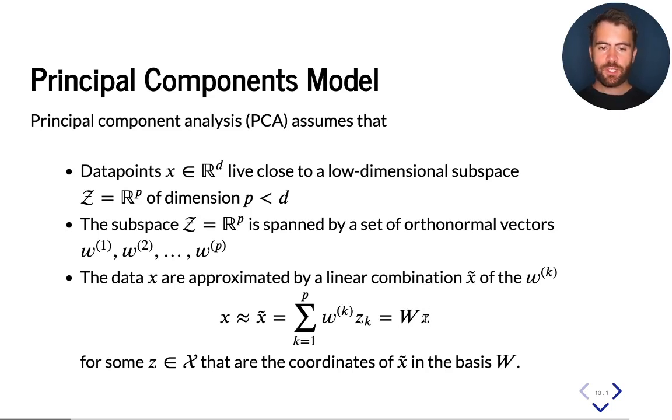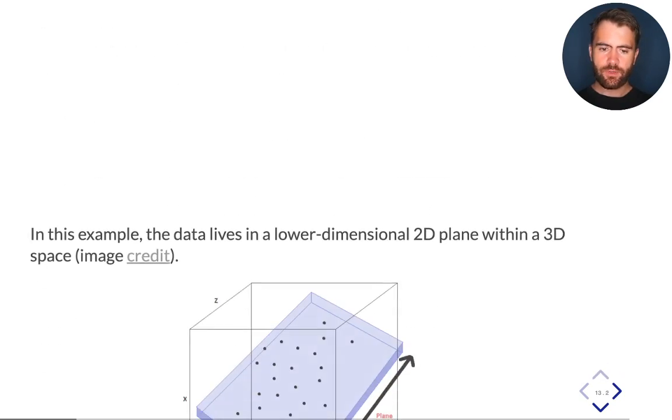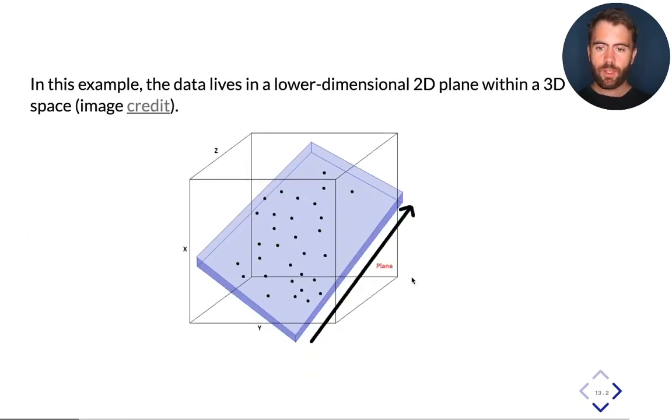So this is just a set of assumptions that we make on our data when we apply PCA, and it's easier to understand these via an example. When I say that the data lives in a lower dimensional subspace, one way to imagine this is points in a three-dimensional space, but even though the space is three-dimensional, most points are close to this two-dimensional plane.